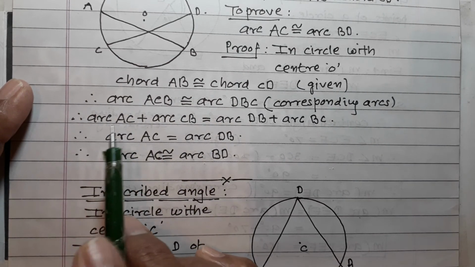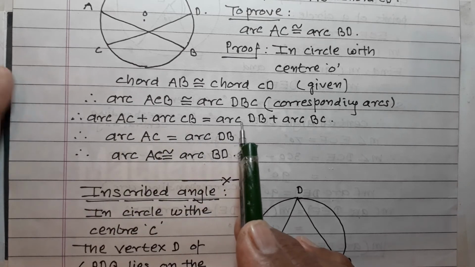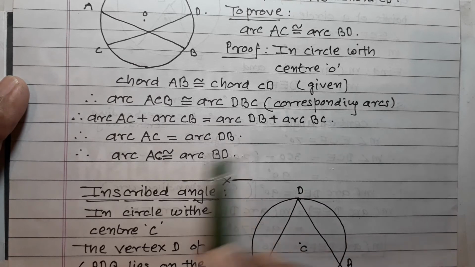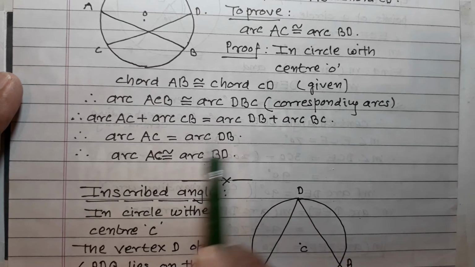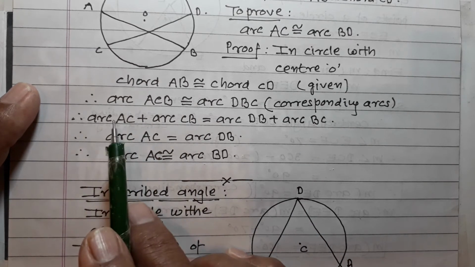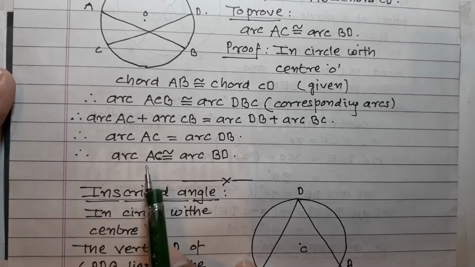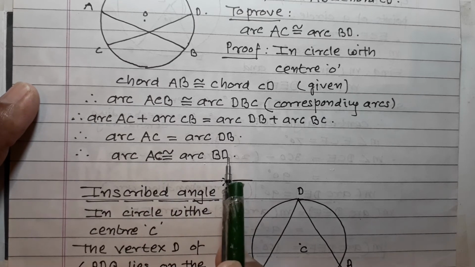Therefore arc AC plus arc CB is equal to arc DB plus arc BC, and now CB and BC are equal, so they cancel, and therefore arc AC is equal to arc DB, and hence arc AC is congruent to arc BD.